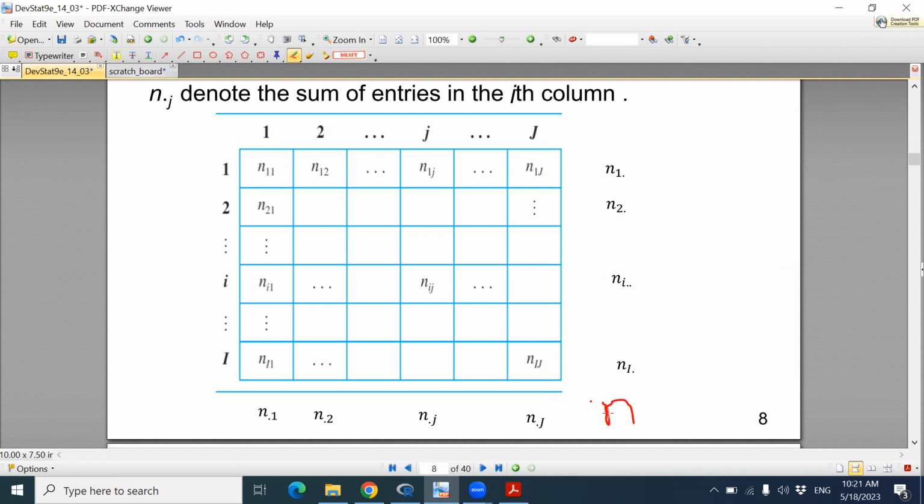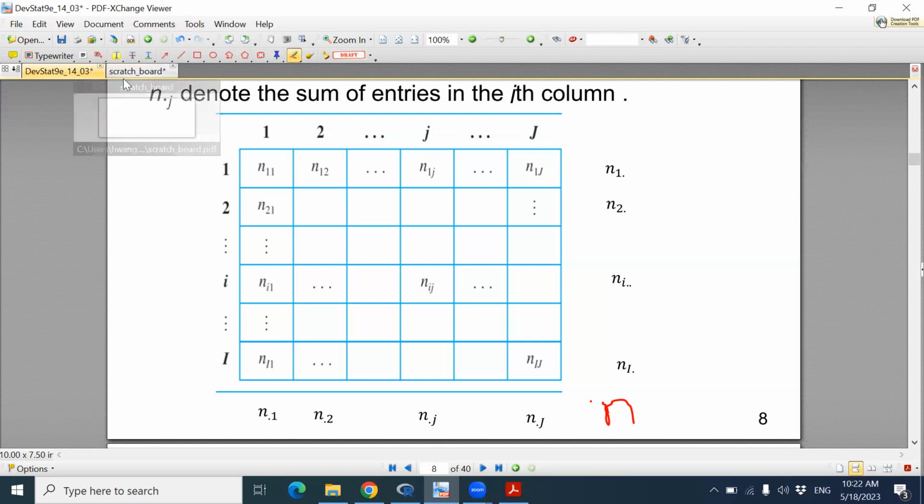In each cell there is a random number falling in there, because each individual falling into each cell is a random event. So how many free values are there? A total of I times J of them, but since the summation of all of them equals a single little n, the total number of free values in this table is I times J minus 1.